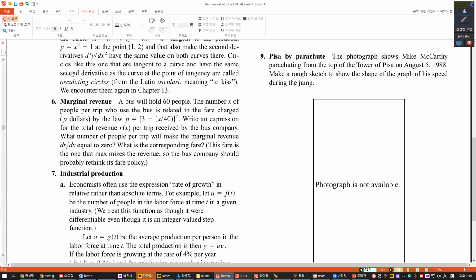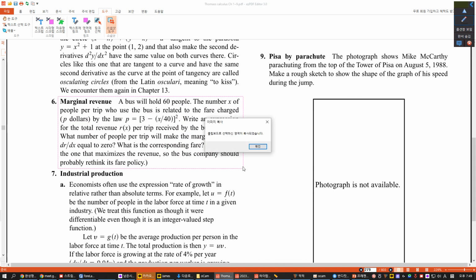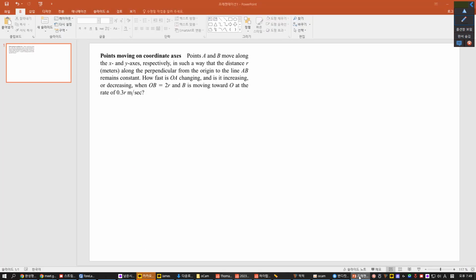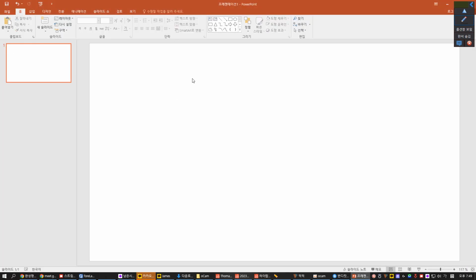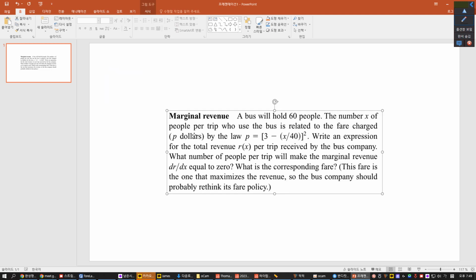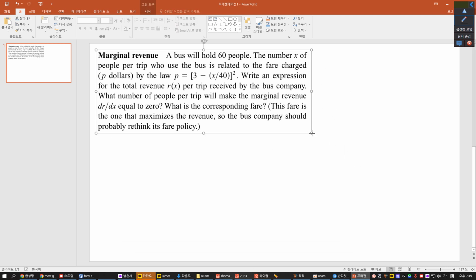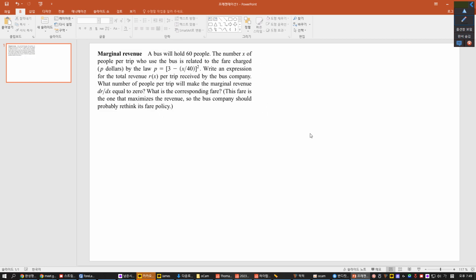Think of this marginal revenue in number 6. So revenue comes from the product of the number of passengers, in this case, and the fare per passenger.